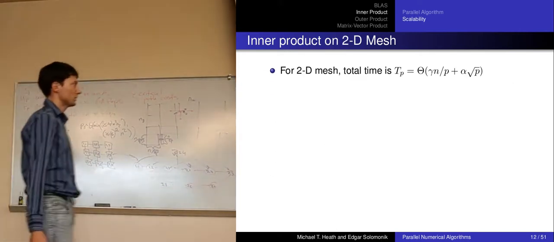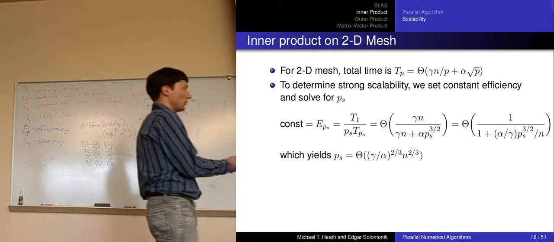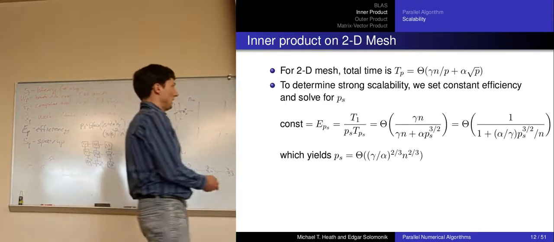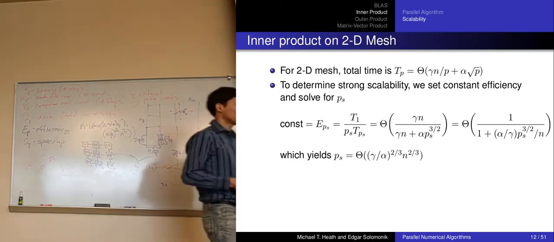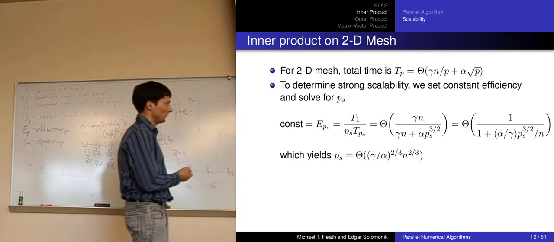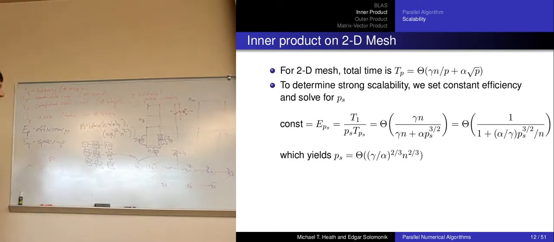On a 2D mesh, we have a different term here. We do the exact same analysis, but we end up with a different power of P. And if we want to strong scale, we again need P_S to cancel all the other terms here, figure out how many processors we can strong scale to, so we can get to N to the 2/3 number of processors.